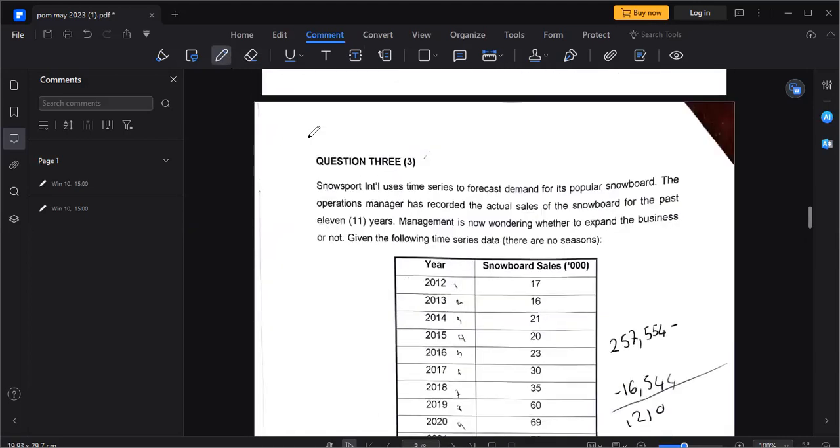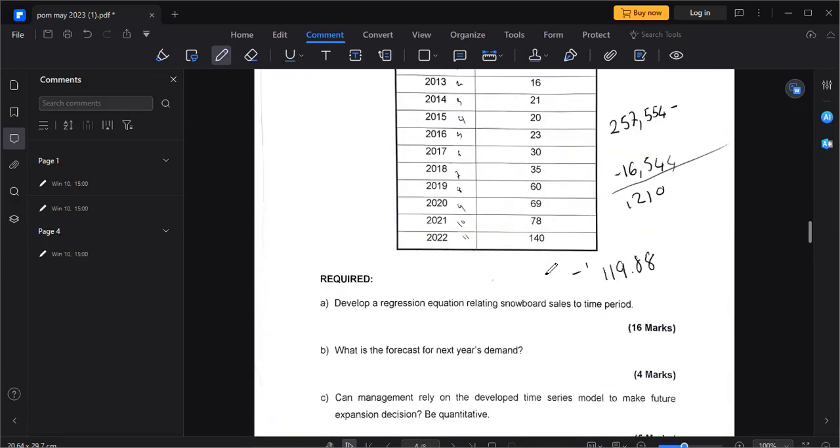Question 3 says Snow Spot uses time series to forecast demand for its popular snowboard. The operations manager has recorded the actual sales of the snowboard for the past 11 years, from 2012 to 2022.